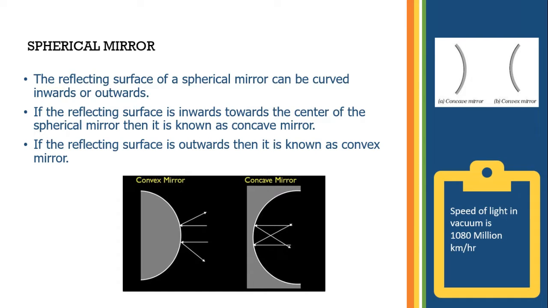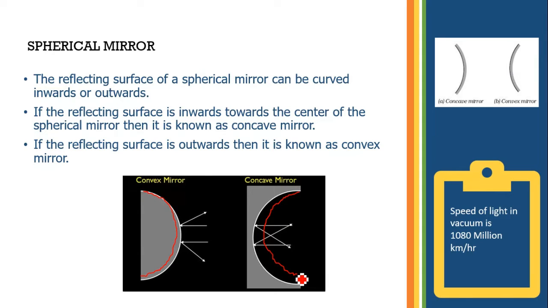You can see in the image, the reflecting surface is outside. That's why it is known as a convex mirror. And if the reflecting surface is inside, then it is known as a concave mirror. So I had told you to decide which part of the spoon is a concave mirror and which part is a convex mirror.